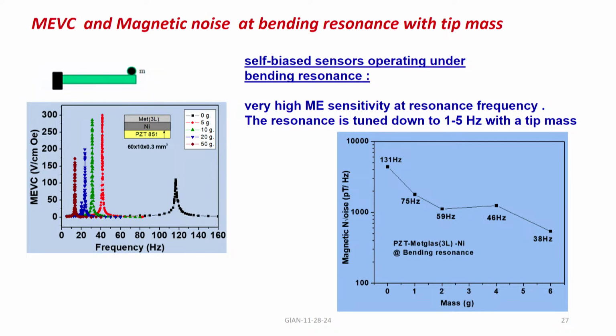Look at these values. It's a dramatic drop in the magnetic noise as a function of frequency, right? So, that is another way where you can have a self-biased sensor operating under bending mode, and also it has pretty good sensitivity for any applications.